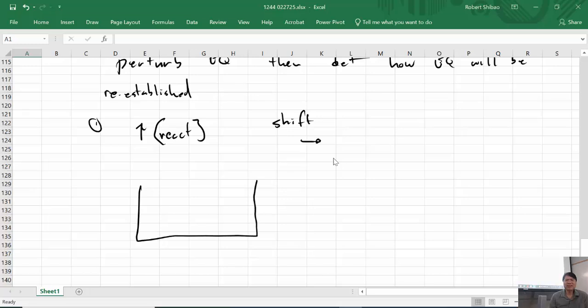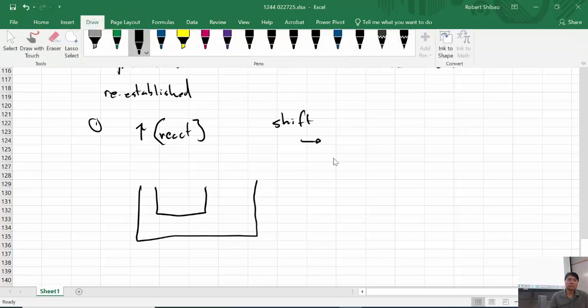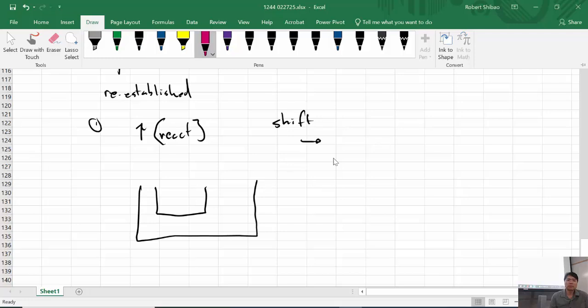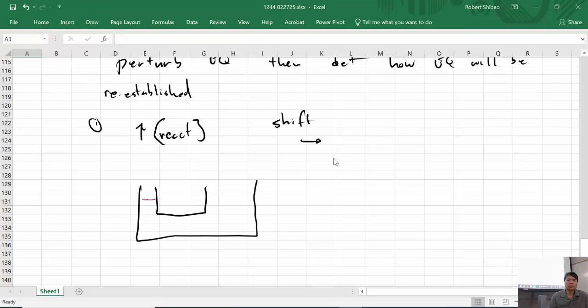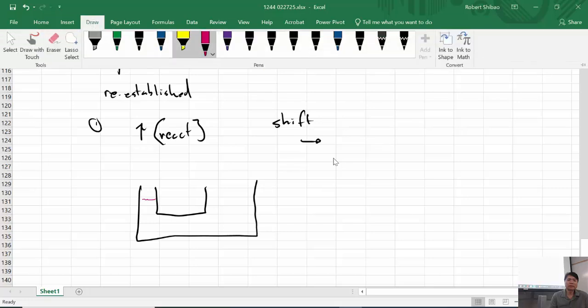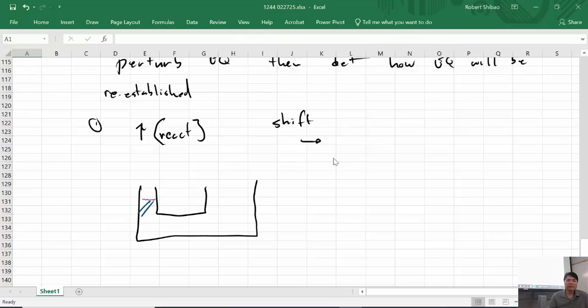So let's say we have a scenario here. We put some water in here. Let's say we have a weird tub that's filled like this.